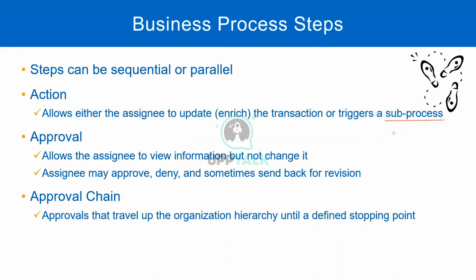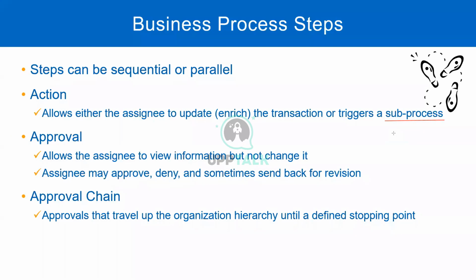Let's say 2 levels: manager, manager's manager. That's all 2 levels, and then you are done. You might go for 3 levels and so on. If the third level exists, it will get 3 levels. If it doesn't exist, it won't. So we can use that for the hierarchy for getting multiple levels of approvals. That is an approval chain.